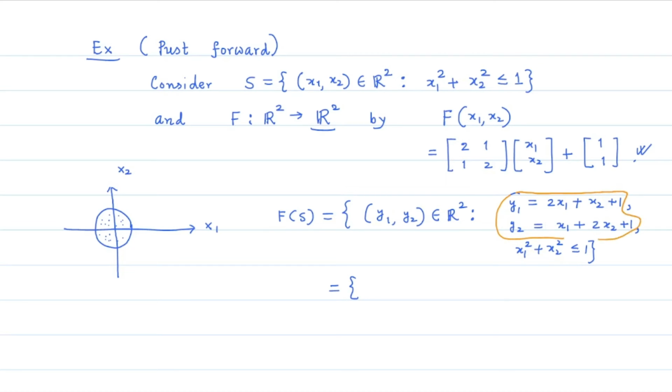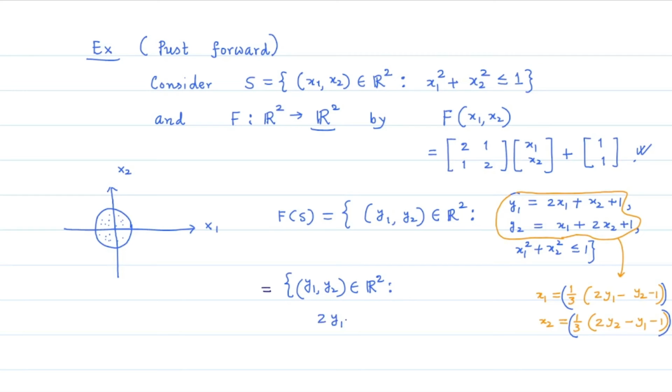Now you please note that if I go for solving these two equations in terms of x1 and x2, then we will find that x1 is given by 1/3 of (2y1 minus y2 minus 1), and x2 is given by 1/3 of (2y2 minus y1 minus 1), and hence the image set is the collection of all (y1, y2)'s, for which we have square of this expression plus square of this expression less than or equal to 1.